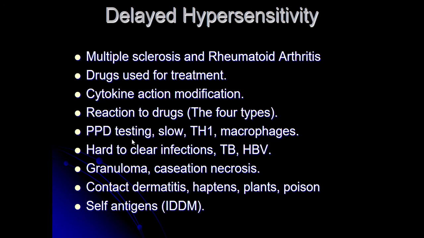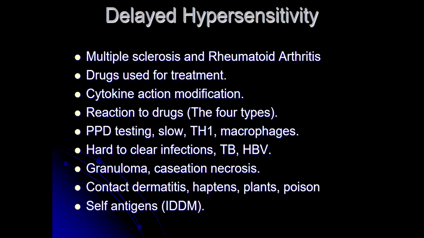Also, you have to know the mechanism of the PPD testing, the purified protein derivative testing, how it is slow, and what cells are involved: the T helper 1 cells, and then the T helper cells producing interleukin 1, for example, and interleukin 6.